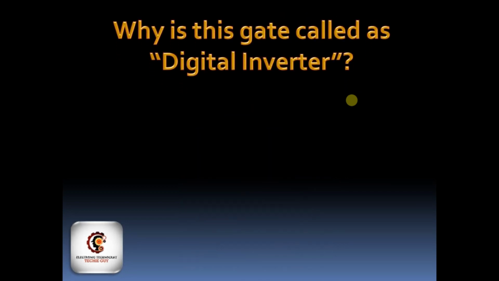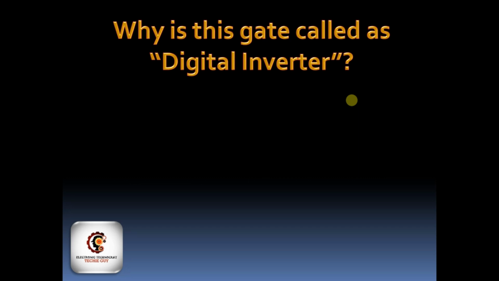Why is this gate called a digital inverter? When you read about an inverter, the first thing that comes to your mind is that it may be inverting things. That's correct. An inverter is a circuit that inverts the input given to it and produces the favorable output.